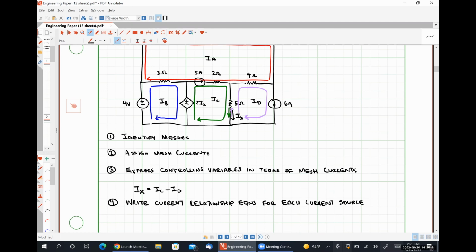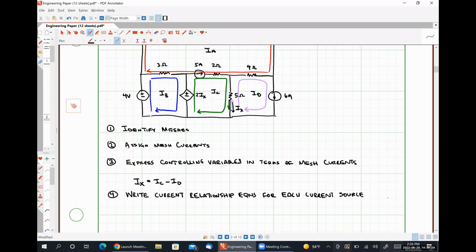And as Catherine said, ID will be equal to 6 amps, okay?